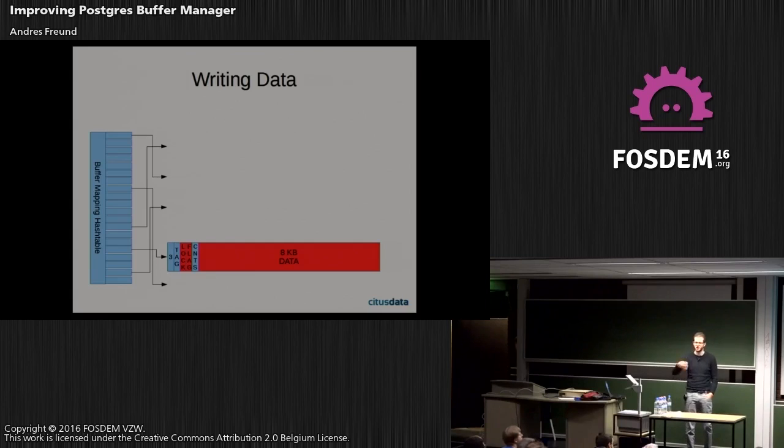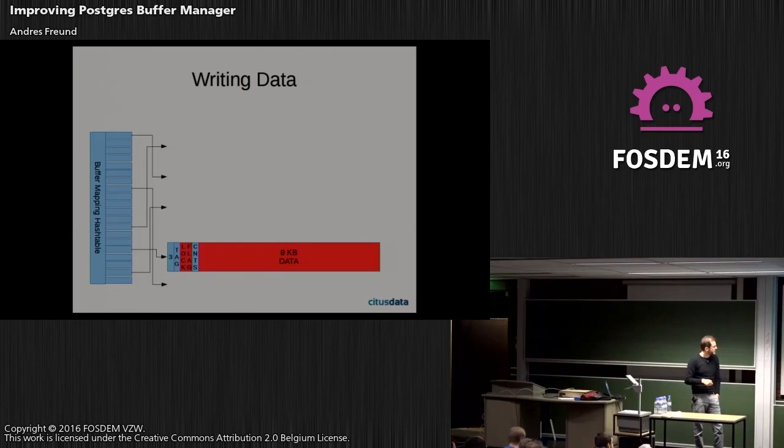We don't always directly write back data to the disk or to the operating system. And that's important, because if you were to do a couple hundred inserts into a table and you expect them all to fit into one page of the table, doing a write to the OS every time would be pretty expensive. It would also have the problem that we would not have enough control over which data is on disk when we crash, so we couldn't be durable.